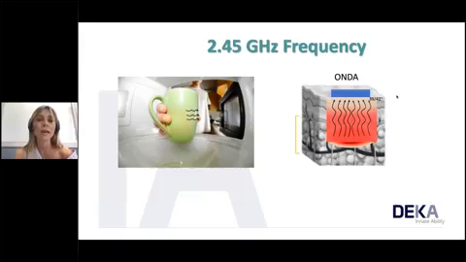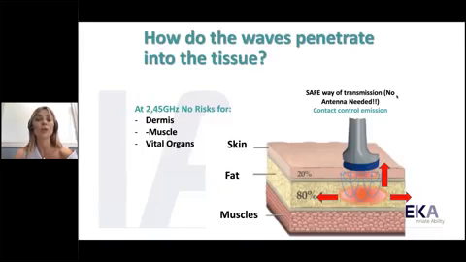In the case of Onda, the transmission must be controlled. And this happens thanks to two electrodes, one which is in the center of our endpiece, which pushes down the microwaves inside of the fat layer, and a second electrode which recalls back the microwaves.